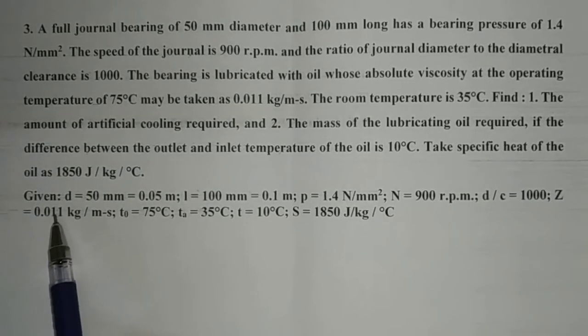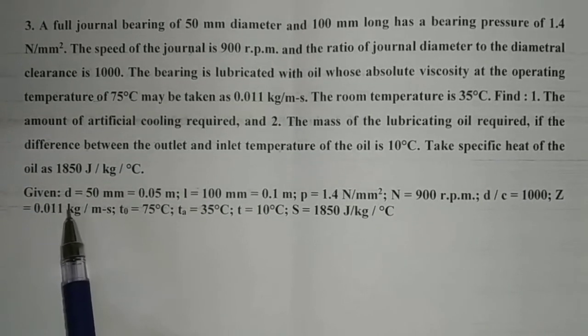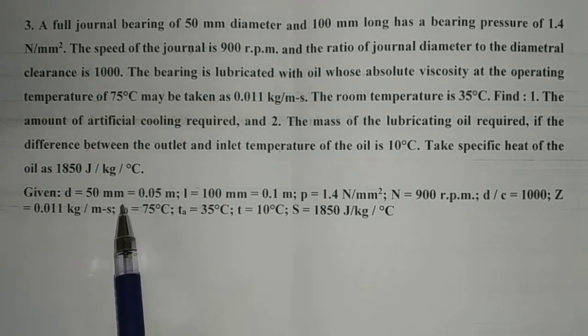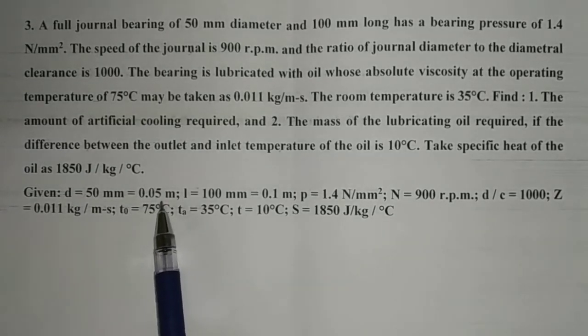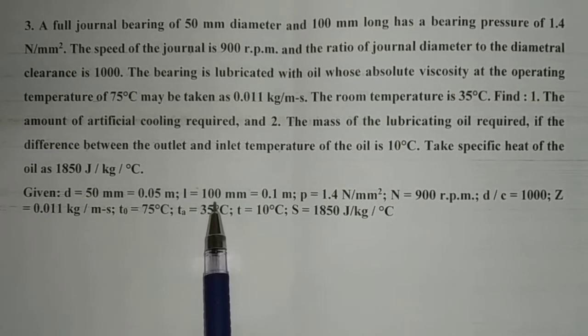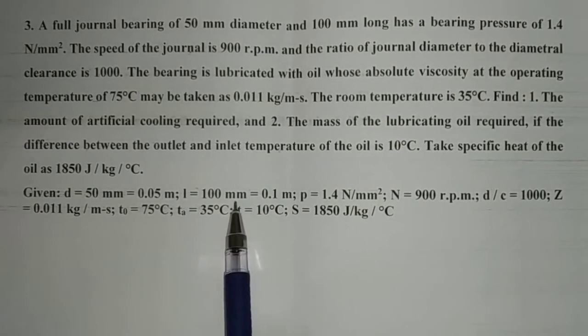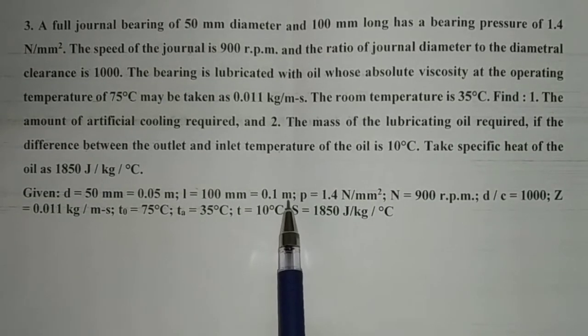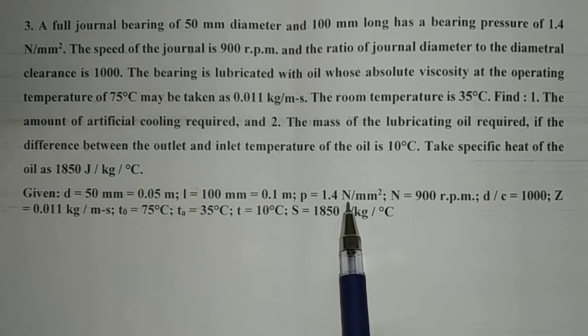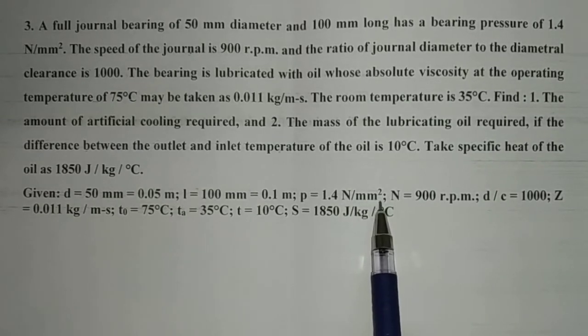Now, first of all, given data: diameter of journal D is equal to 50 mm, so it is 0.05 meter. Length L is equal to 100 mm, so 0.1 meter. Pressure P is equal to 1.4 Newton per mm square.